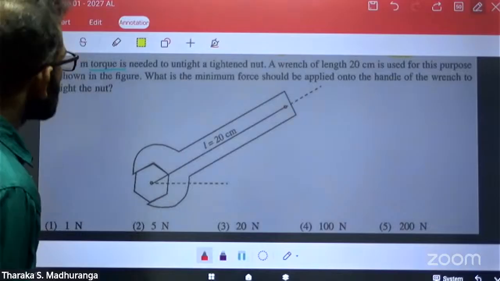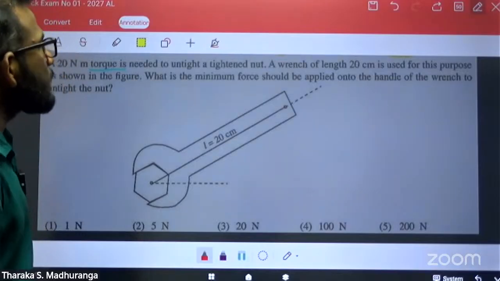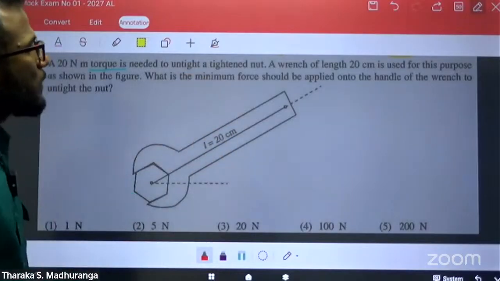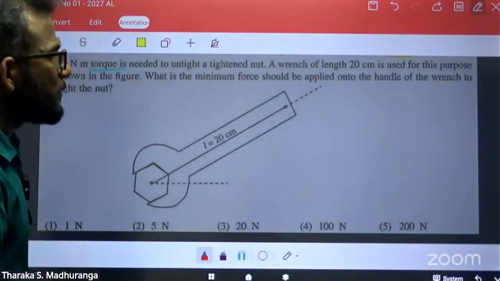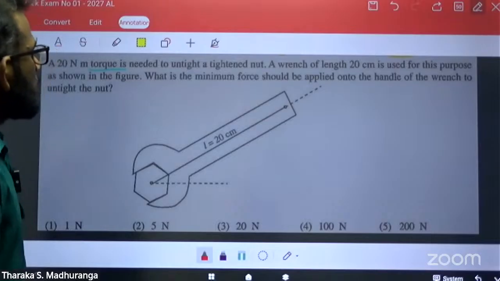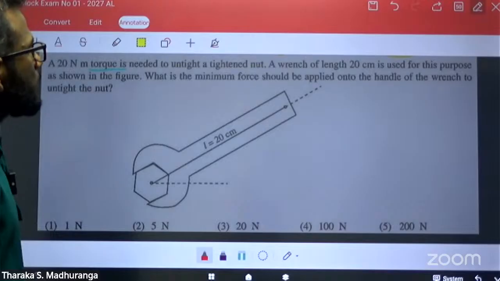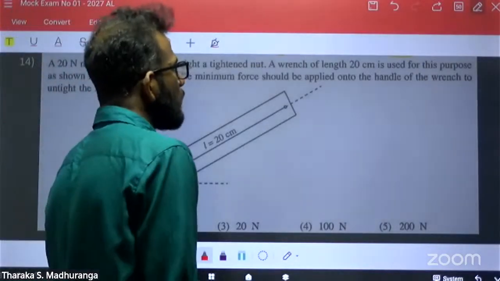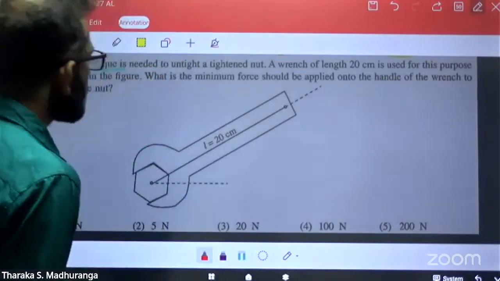A 20 Newton meter torque is needed to untighten the tightened nut. A wrench, meaning a spanner, of length 20 centimeter is used for this purpose, as shown in the figure. What is the minimum force that should be applied to the handle of the wrench to untie the nut?